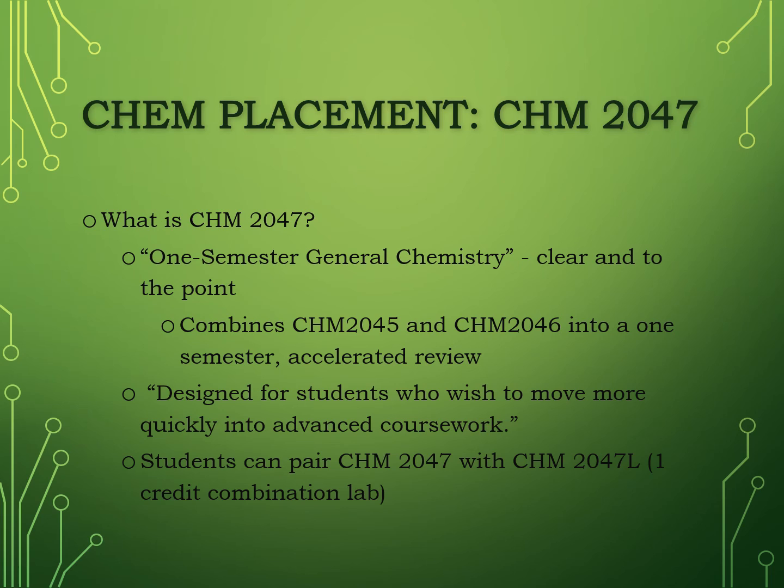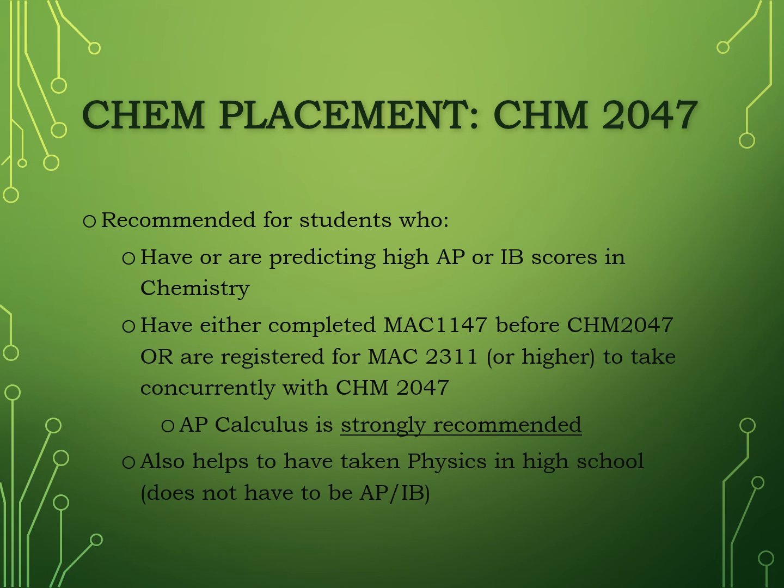So if a student wants to do Chem 2047, there are some different prerequisites that we look for to make sure the student is eligible to take it. And by prerequisites, I mean more recommended. So it's recommended that students are predicting a high AP or IB score in chemistry and have either completed MAC 1147 before Chem 2047 or registered for Calc 1 or higher to take concurrently with Chem 2047.